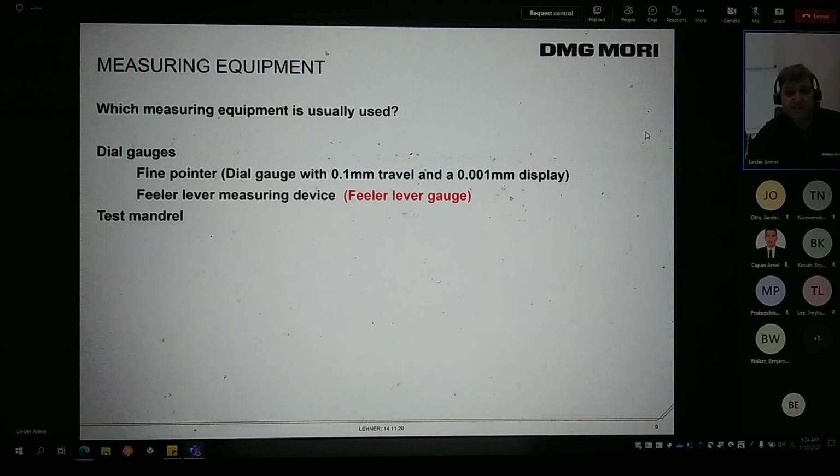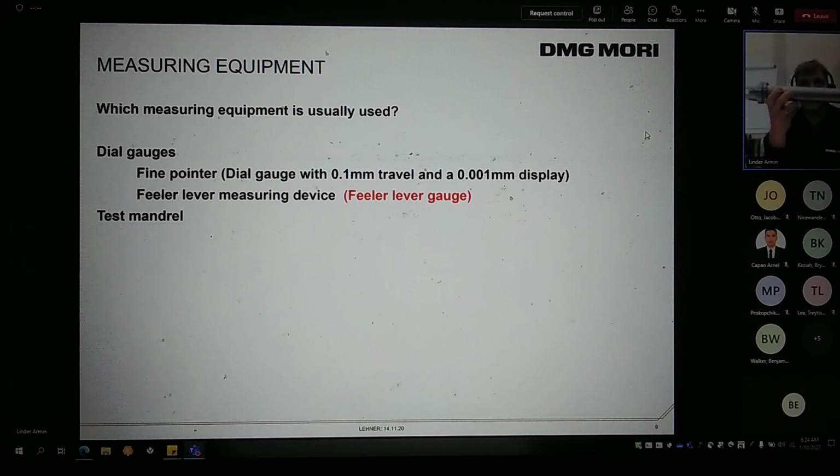So then we have the test mandrel. So maybe I can show one. We have one on site. So if I show you that example, in that case, normally 300 millimeters long and around 40 millimeters in diameter. 350 it is.